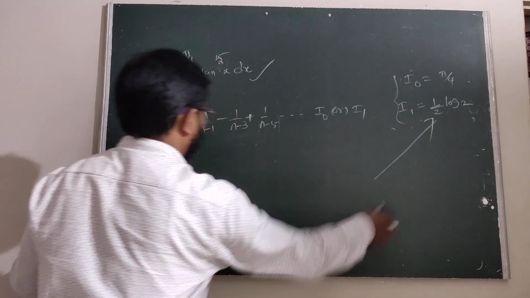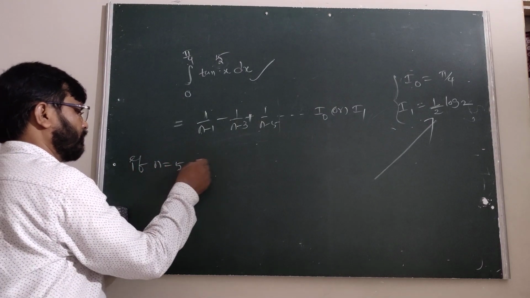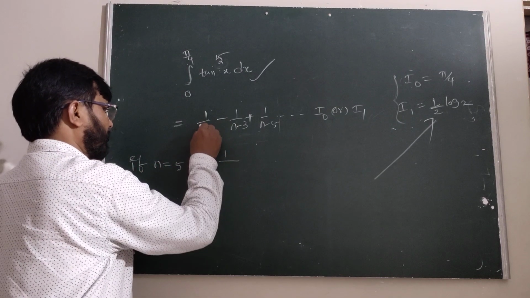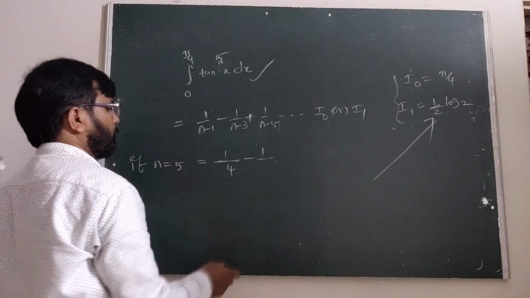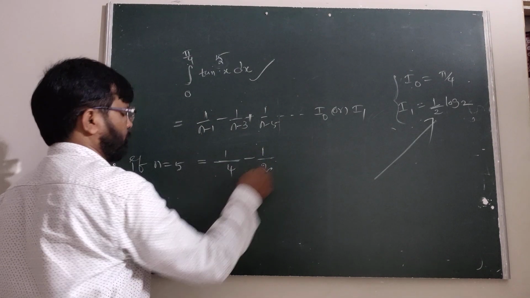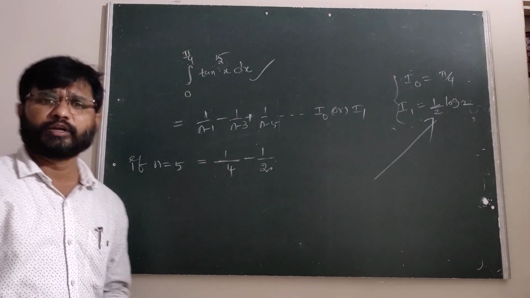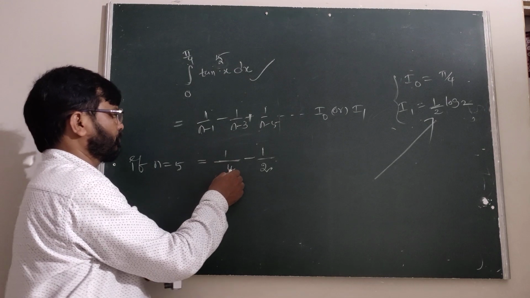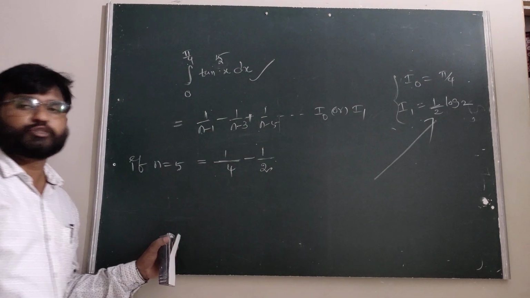Therefore, if n equals 5, that implies 5 minus 1 is 4. Now 4 minus 2 is 2. After that 2 minus 2 becomes 0.